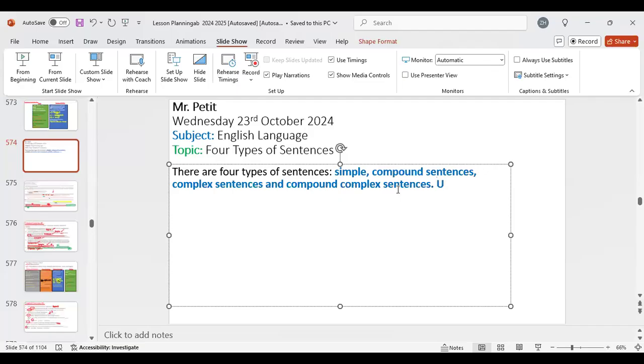So using, write this down for me, please. Using a variety of these types. Mr. Petit, we just did this in class like last week, I think. Really? You mean in your class at school, right?